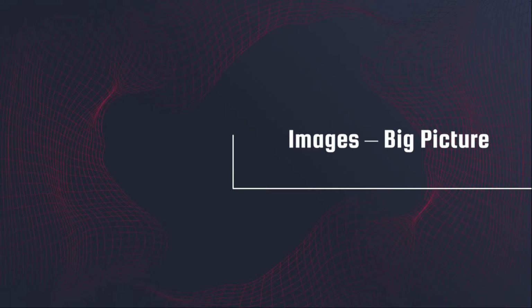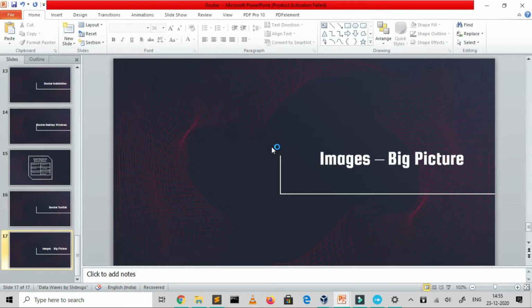Those are a single physical unit. But in case of Docker, images are not a single physical unit. It's a combination of different layers, I would say, which constitute the image, right? So if that is not very clear, let's have a look at an example, right?